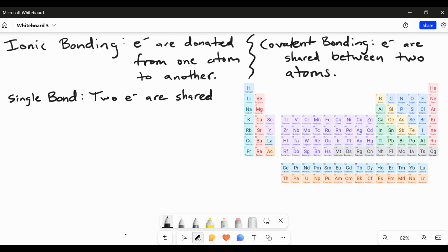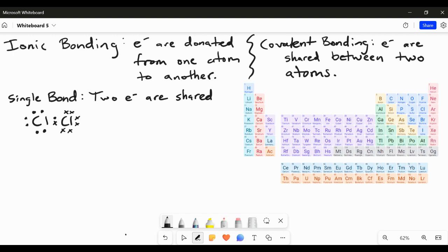And an example of this would be the one that I just drew, this. You can see that there's 2 electrons being shared between these 2 atoms.